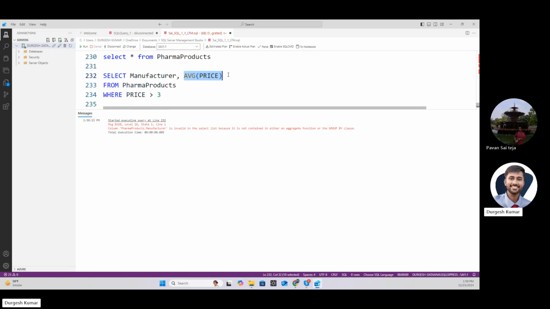So average price, you are saying, is an integer or decimal, whatever. Correct. And this price also you are saying is an integer or decimal, right? No, this price is a column. This price is a column, or not? See, this price is a column while this average price is an integer.